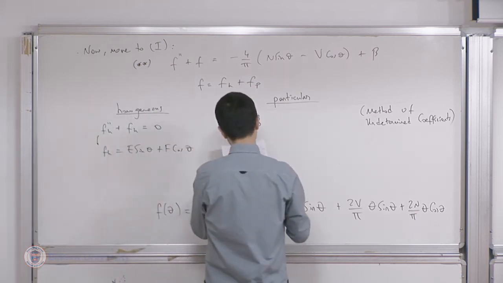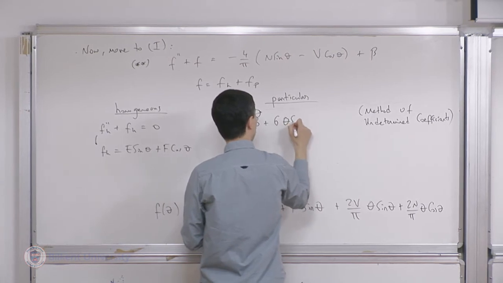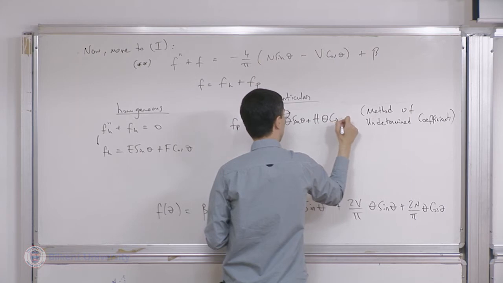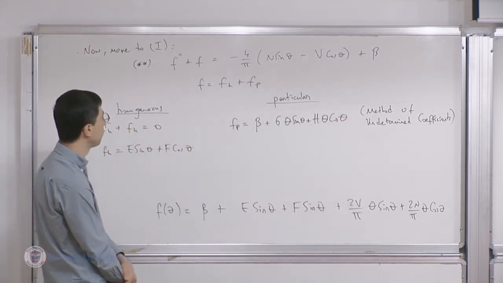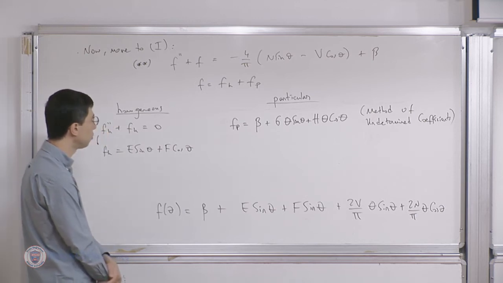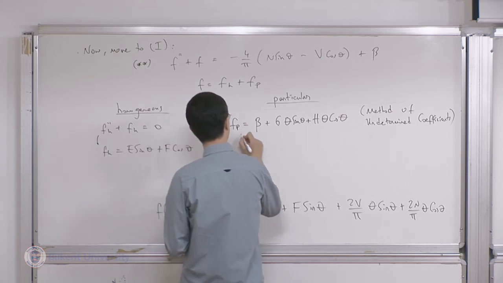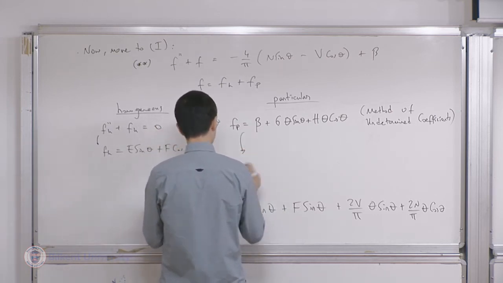So then what you would propose is you throw in a constant, theta sine theta, plus another constant, theta cosine theta. These thetas come from the fact that the right-hand side appears in the homogeneous solution. So that's the form of f p that we propose. And now this solution has to satisfy double star.